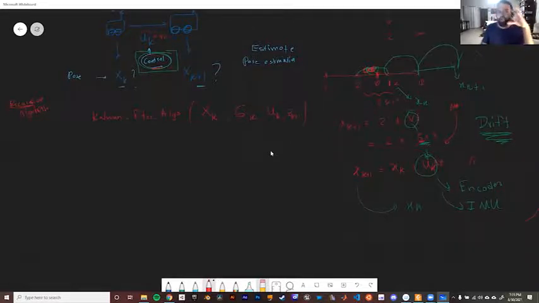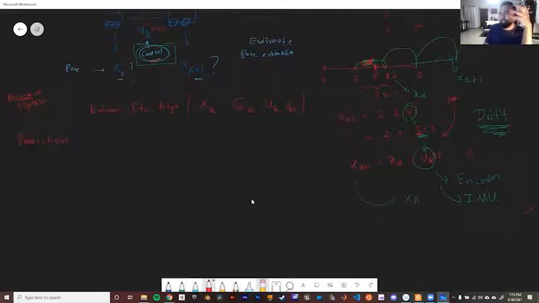Now what happens inside the Kalman filter are 2 steps. The first step is called the prediction step. In the prediction step, we simply use the motion model that I was talking about. The motion model is what maps the current state to the next state.